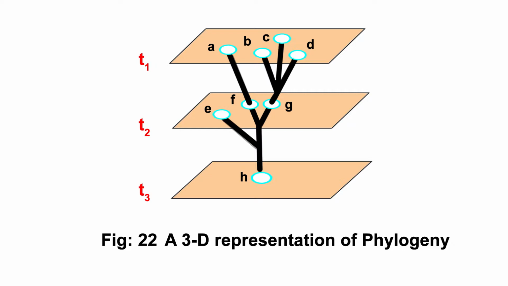It shows that the lineage started with H and it diversified in time plane T2 into E, F and G. E became extinct, F gradually evolved in the form of A in the time plane T1, while the G of the time plane T2 has diversified into B, C and D, and the time plane T1 shows that all A, B, C and D are living.